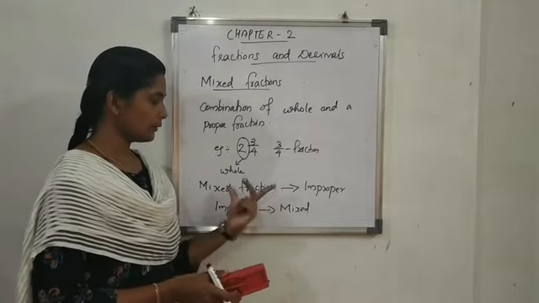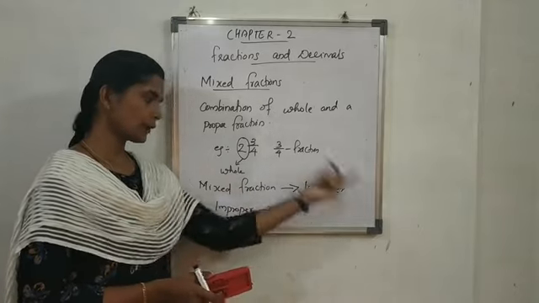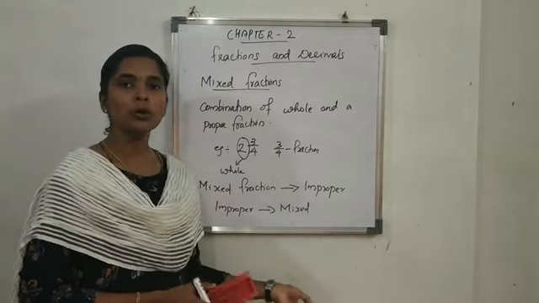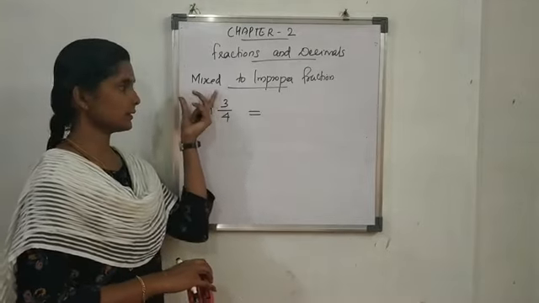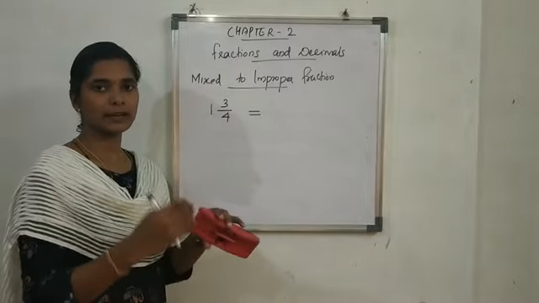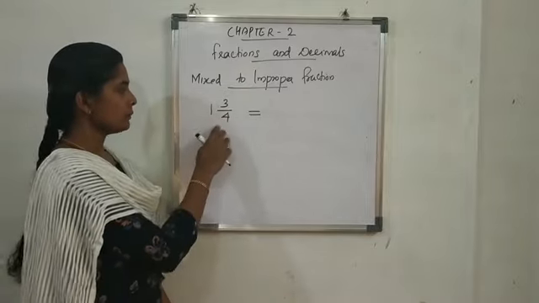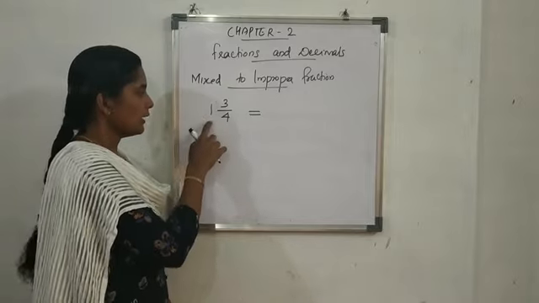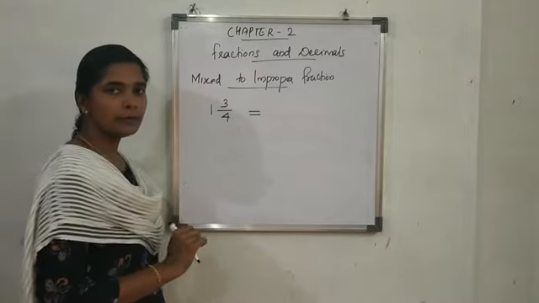I will tell one way of converting a mixed fraction to improper and improper to mixed. First we take mixed to improper. How will you convert a mixed fraction to improper? In this example, this is a mixed fraction. 1 is the whole part and 3/4 is the fraction part.